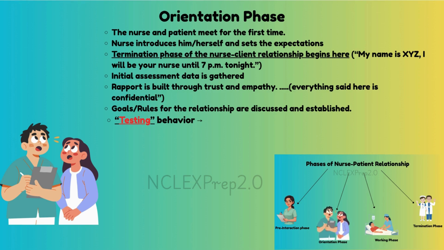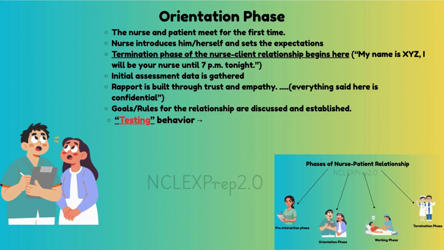The termination phase of the nurse-client relationship begins here. In your nursing school exam or on NCLEX, they can ask you at what point the termination phase starts during the nurse-patient relationship, and the answer is during the orientation phase. And this is how: "My name is XYZ. I'll be your nurse from 7 a.m. to 7 p.m."